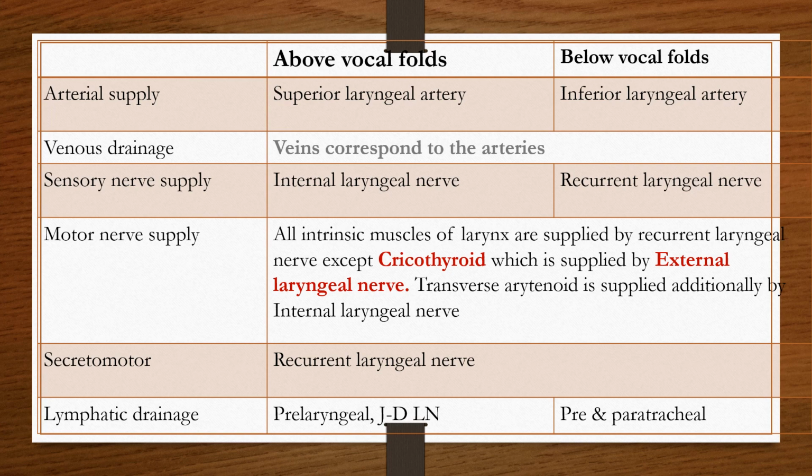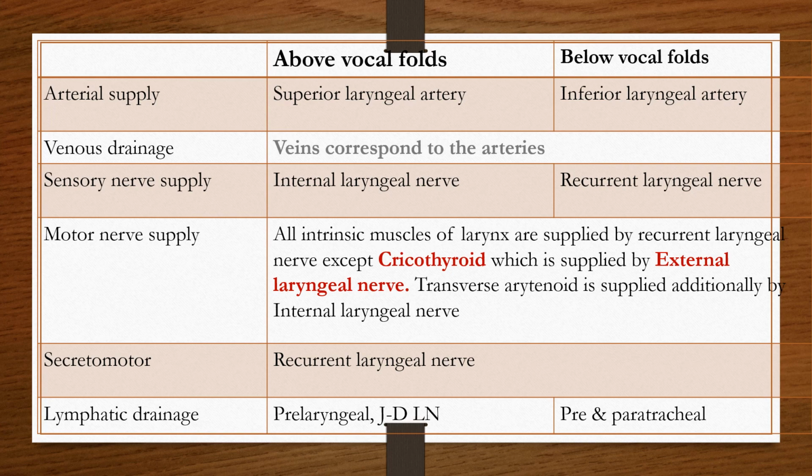The sensory nerve supply above the folds is by the internal laryngeal nerve, below is by the recurrent laryngeal nerve. Motor supply: all the muscles are supplied by the recurrent laryngeal nerve except the cricothyroid, which is supplied by the external laryngeal nerve. Also remember the transverse arytenoid is supplied by the recurrent as well as the internal laryngeal nerve.